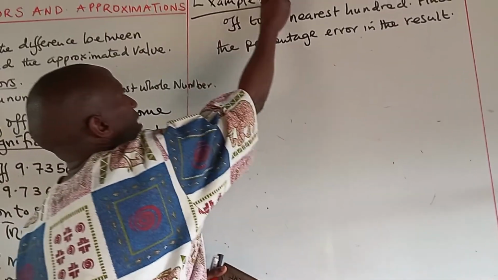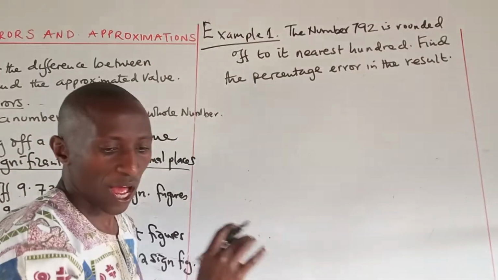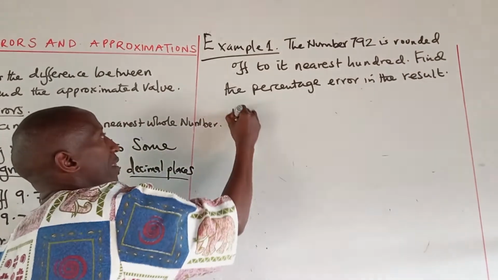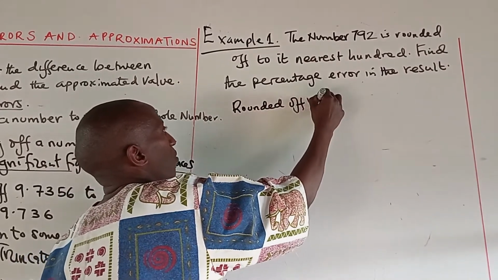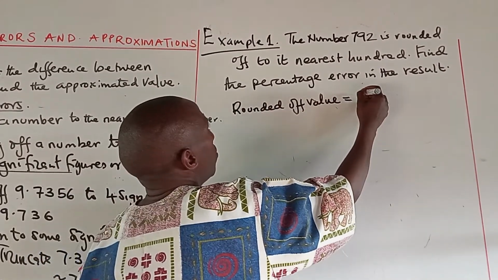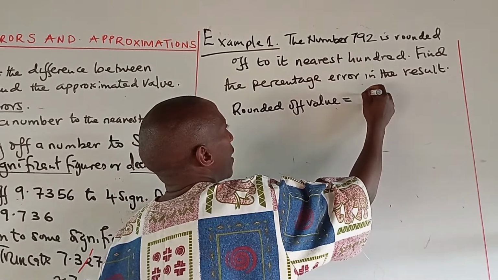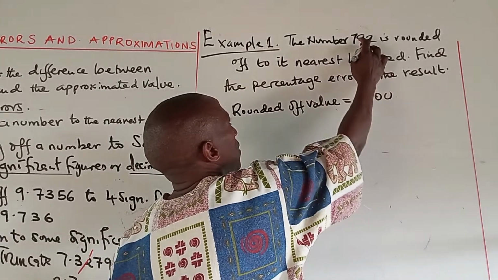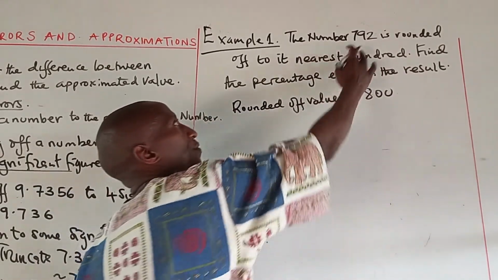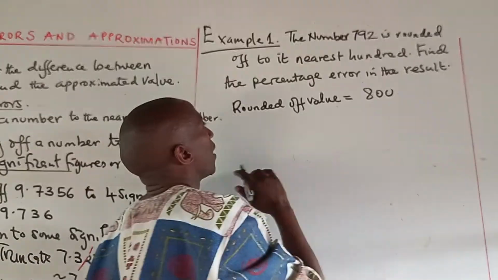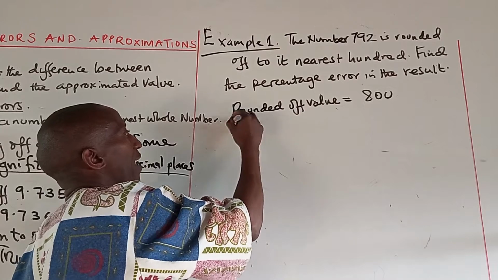So in this particular example, we need to have two values. The rounded off value is equal to, the nearest to this is 800, because in 792 we are past the 50 mark here. That means we have the error.